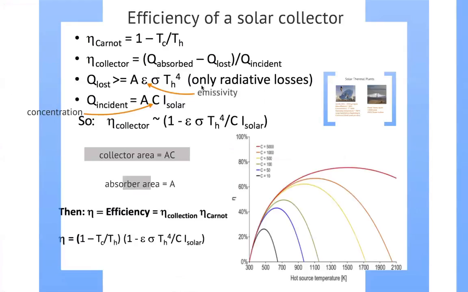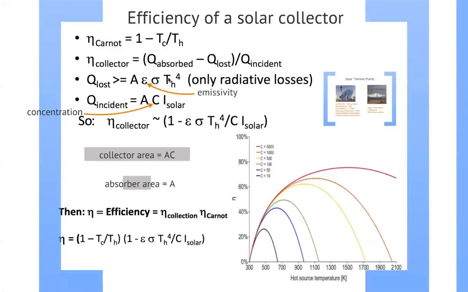It's referred to as emissivity. In other words, how close to a black body is the collector actually? If it's a perfect black body, this number is 1. If it's a non-ideal black body, this number is less than 1. And then we have the familiar Stefan-Boltzmann law: sigma, the Stefan-Boltzmann constant, times T raised to 4, where T is the temperature.